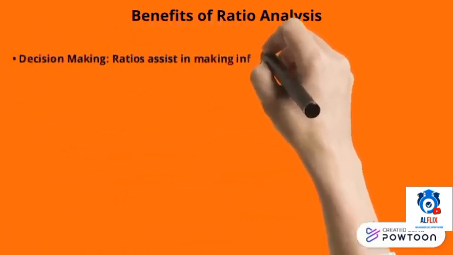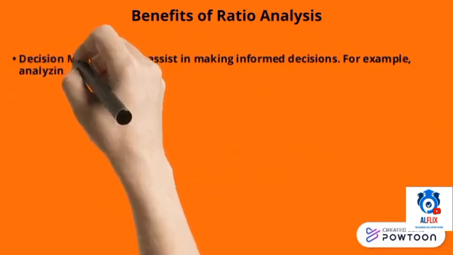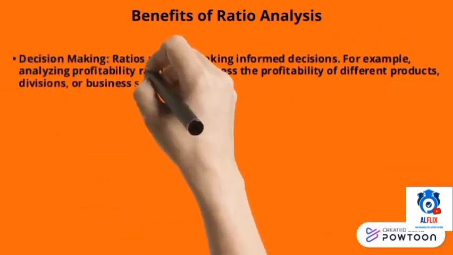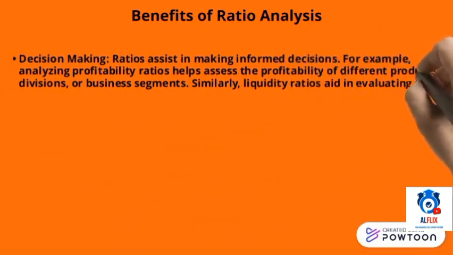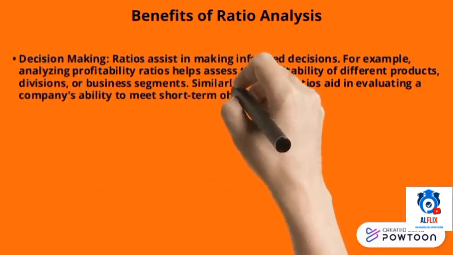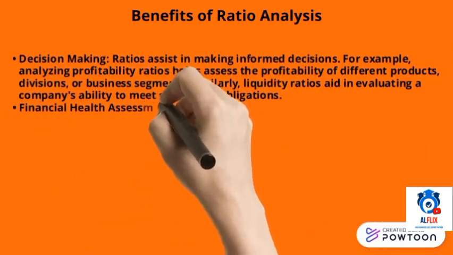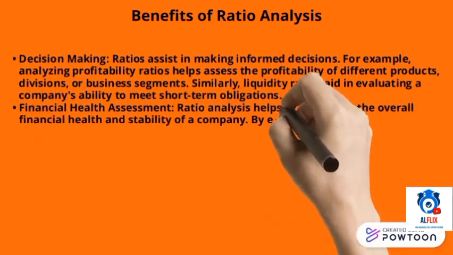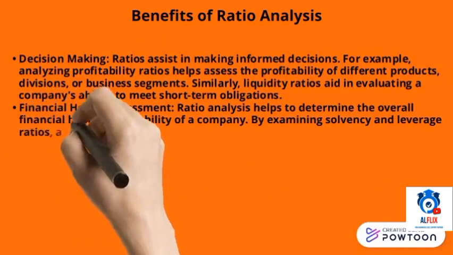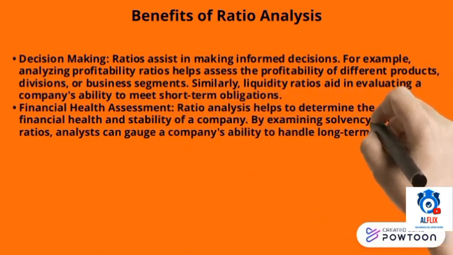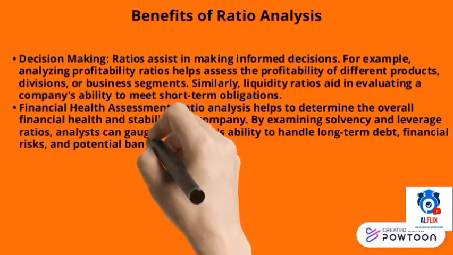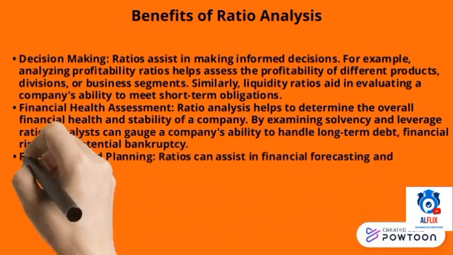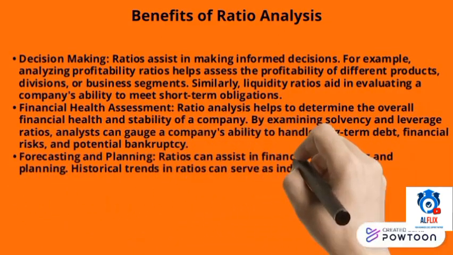Decision making. Ratios assist in making informed decisions. For example, analyzing profitability ratios helps assess the profitability of different products, divisions, or business segments. Similarly, liquidity ratios aid in evaluating a company's ability to meet short term obligations. Financial health assessment. Ratio analysis helps to determine the overall financial health and stability of a company.